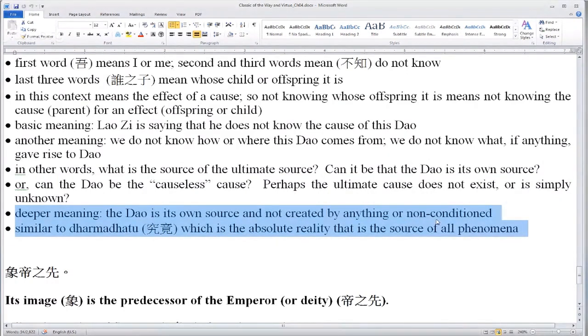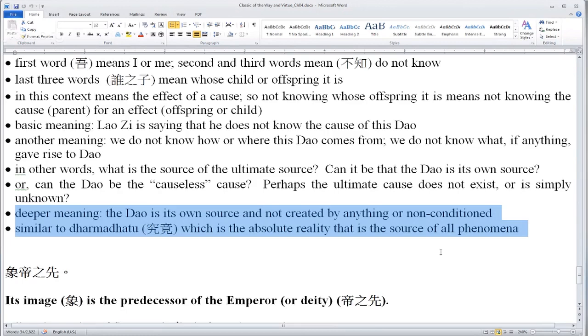Conditioned means that there are causes for something. Just like, if you look at the grand cosmic scale, how does the universe come about? How does the cosmos come about? We say the Big Bang. That's what the astrophysicist thinks. So that's a cause.